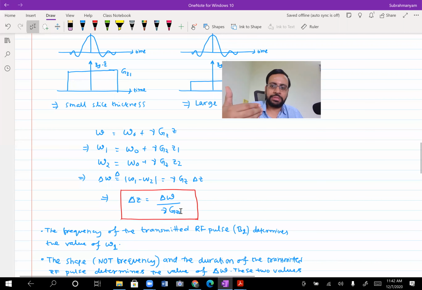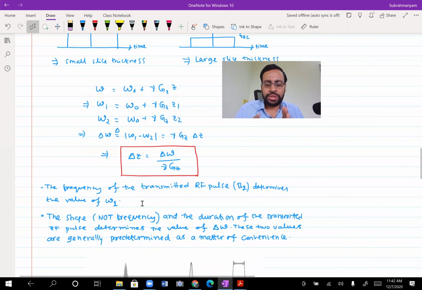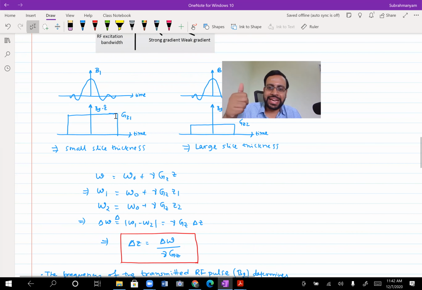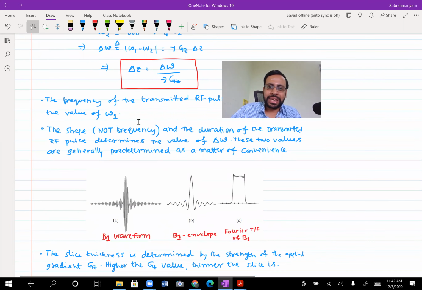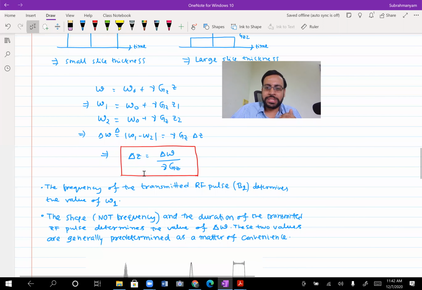Now you could interpret this in different ways. One most practical interpretation is, for a given bandwidth, if you increase the Gz value, the slice thickness would decrease, and the other way around. This is the relation. So if I tell you the bandwidth of your acquisition or your scanner, you could tell me without any problem what gradient strength in the z direction you need to apply for obtaining your images at a specific thickness.